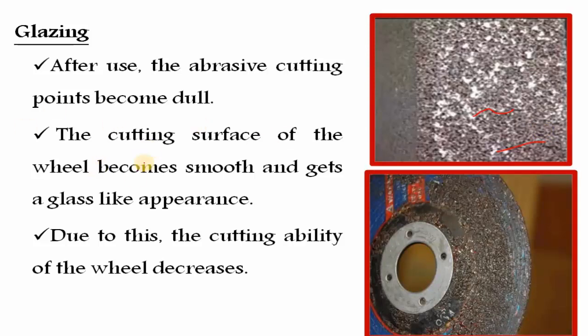The cutting surface becomes smooth with a glass-like appearance. Due to this, the cutting ability of the wheel decreases and the life of the wheel is reduced. You have to remove the surface layer to get a good layer on the grinding wheel.